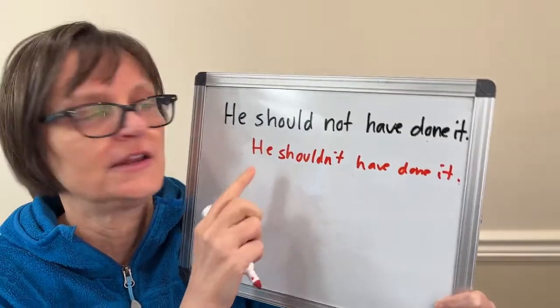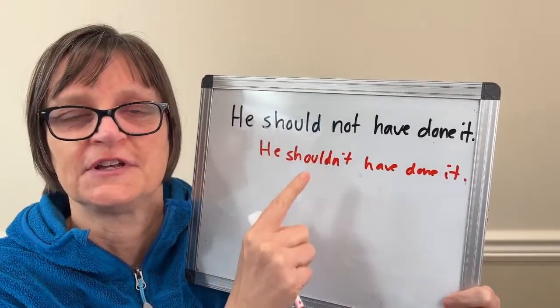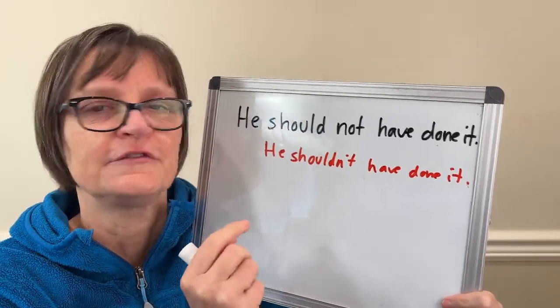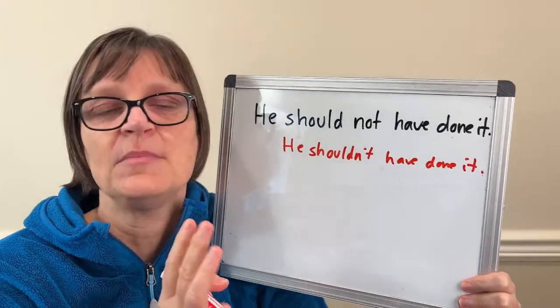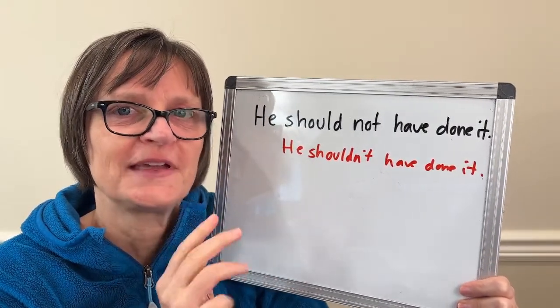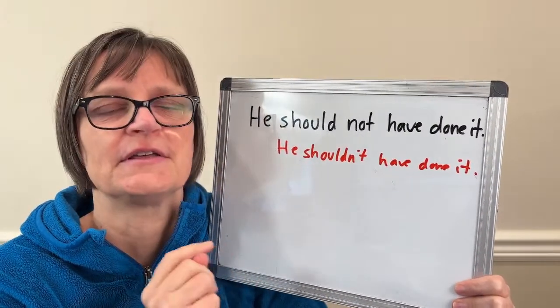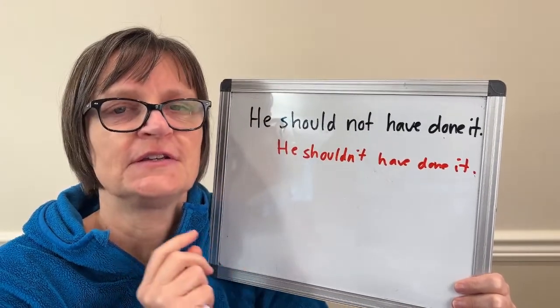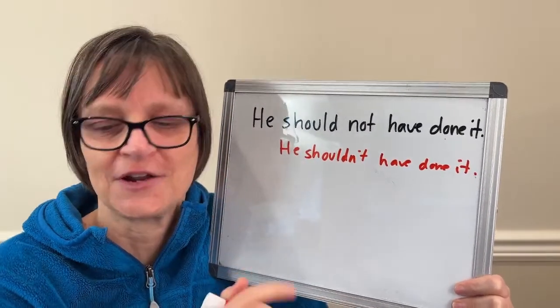Notice I typically do not say he should not have done it. You rarely hear a native speaker use should not have. Maybe if somebody's really trying to stress that, if they're upset about something, he should not have done it, and they're really stressing each of those words. Otherwise, he shouldn't have done it is how we will naturally say it.